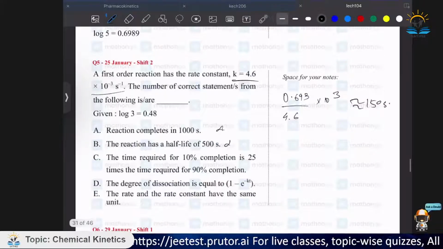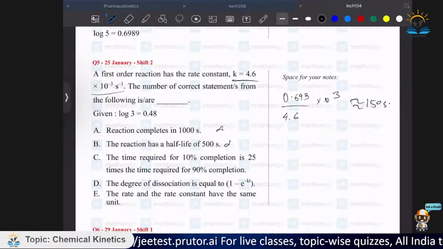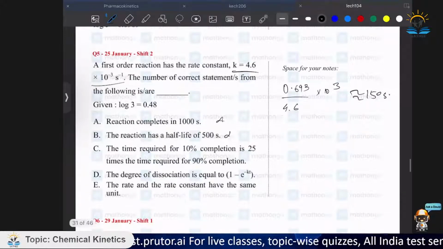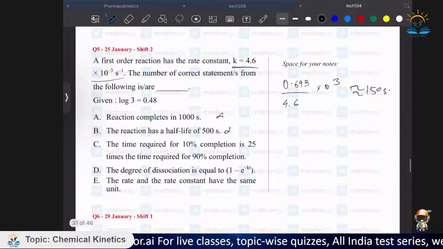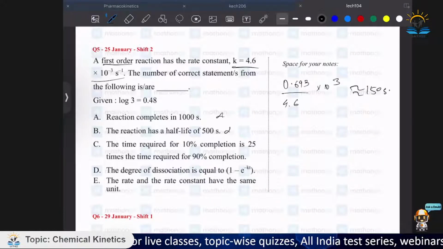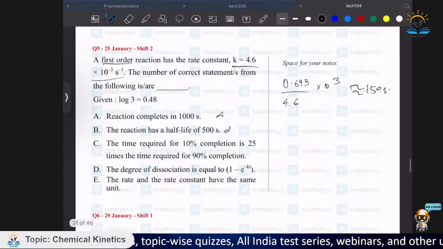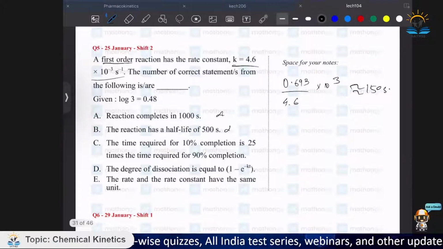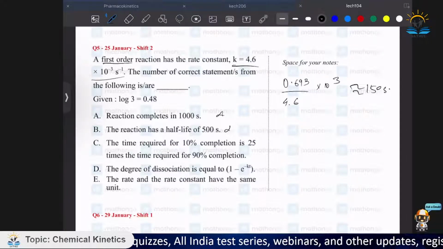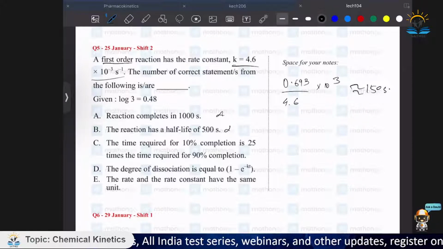The time required for 10% completion is 25 times the time required for 90% completion. This is a first order reaction. So 10% completion.